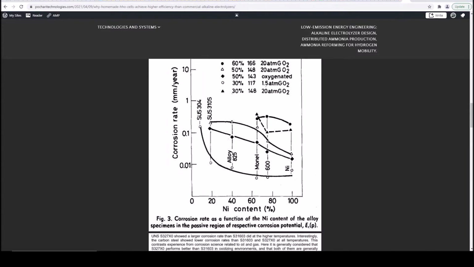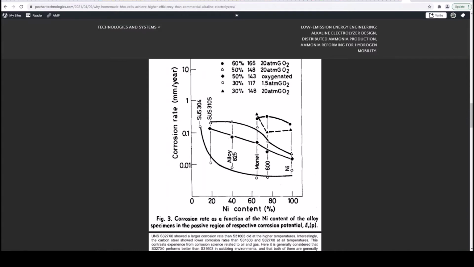A typical corrosion rate, of course, for the anode, the hydrogen side, will have a higher corrosion rate, typically let's say 0.25 mils per year, which is about 0.006 millimeters. You can see here, this is for the anode, it's about 0.065 millimeters.